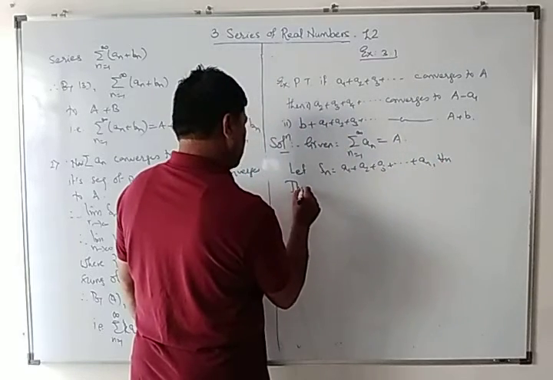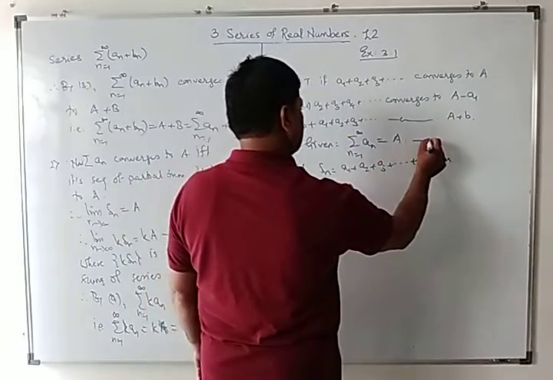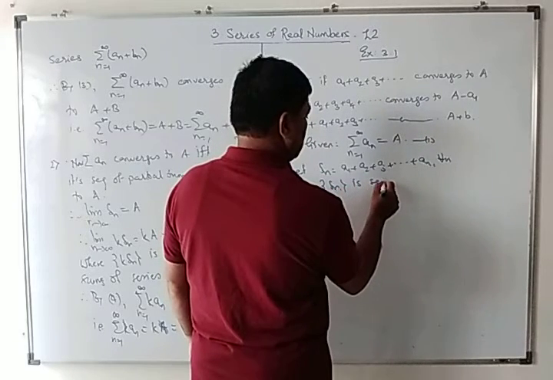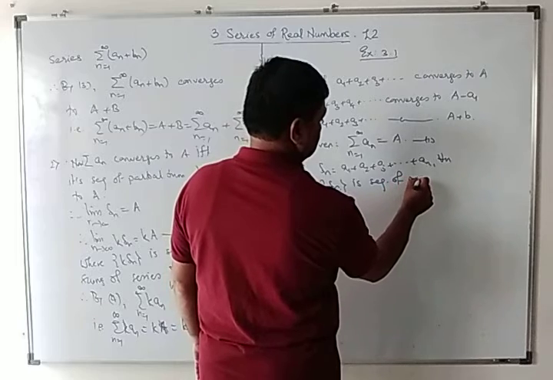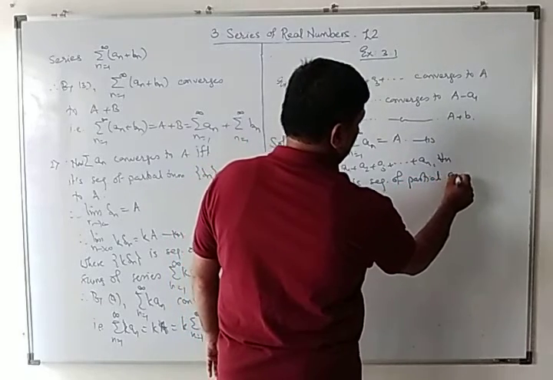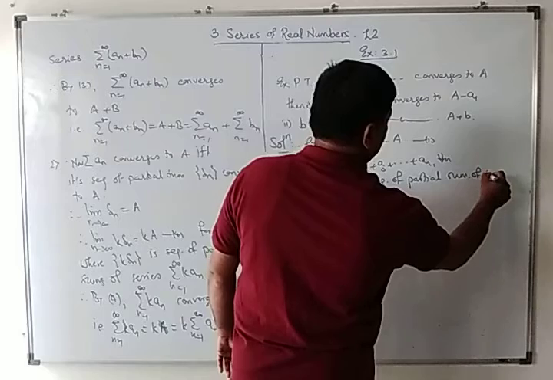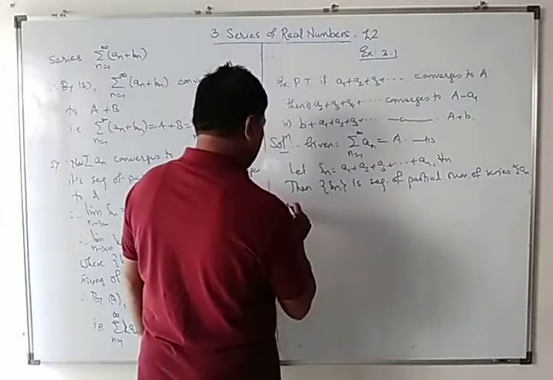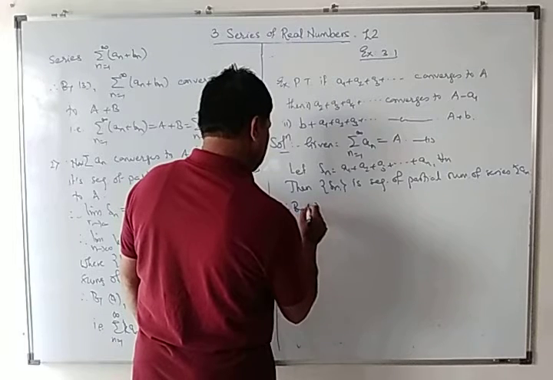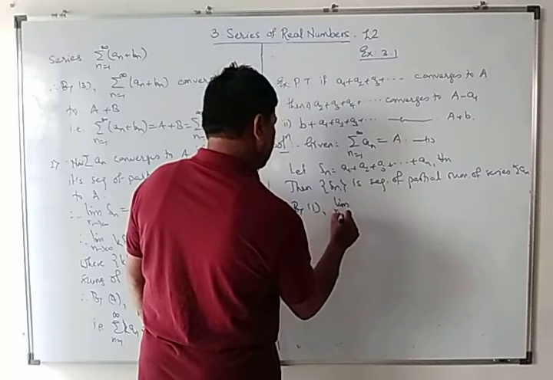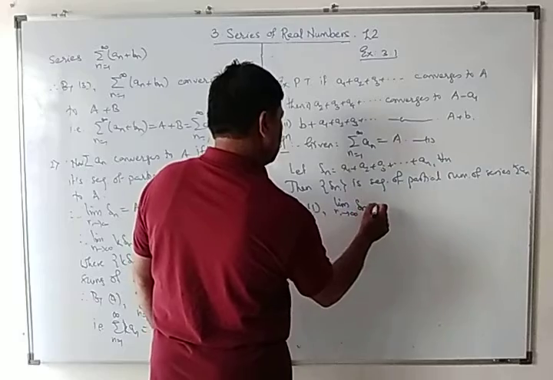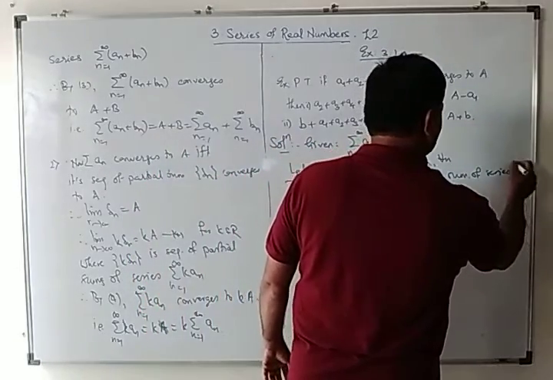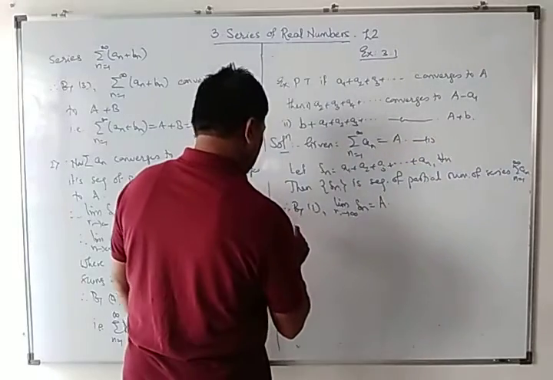Then Sn is the sequence of partial sums of the series summation an. Therefore, by 1, limit n tends to infinity of Sn is equal to A. Here n equal to 1 to infinity. This is 1.